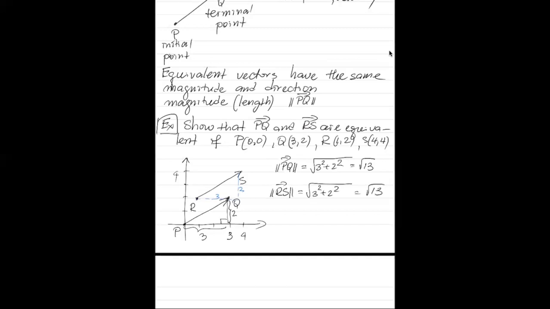The two vectors have the same magnitude. Now we have to find the direction. So we're going to use slope. What is the slope of PQ? Rise over run. So it is up 2 over 3. And it's the same as the slope of RS, up 2 and over 3. So these two vectors are equivalent.